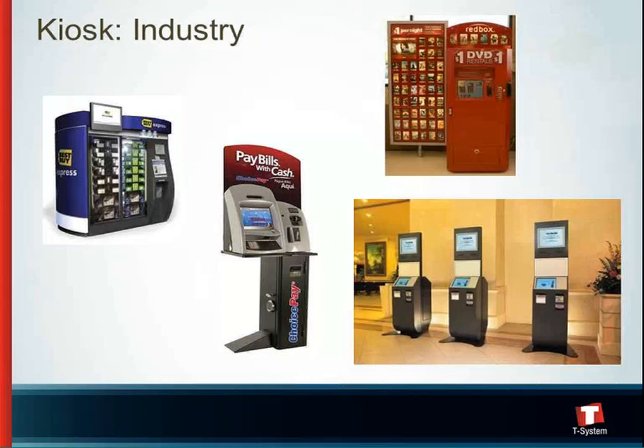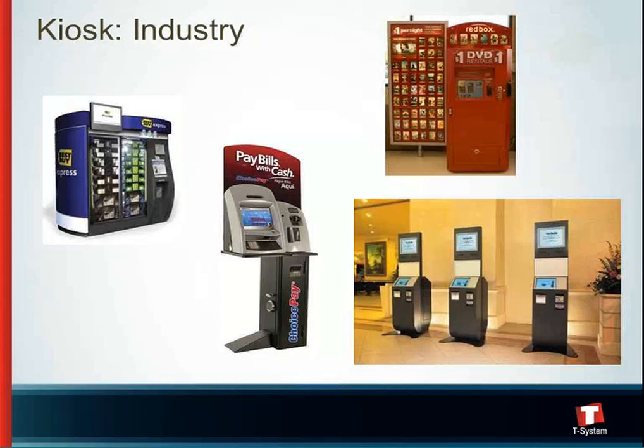As we think about the kiosk industry, as I've traveled through numerous airports, you see the Best Buy kiosks. You can buy headphones, an iPod, you can do a number of things. You see the red boxes if you want to rent a DVD, typically at CVS, Walgreens, and a lot of the different grocery stores.